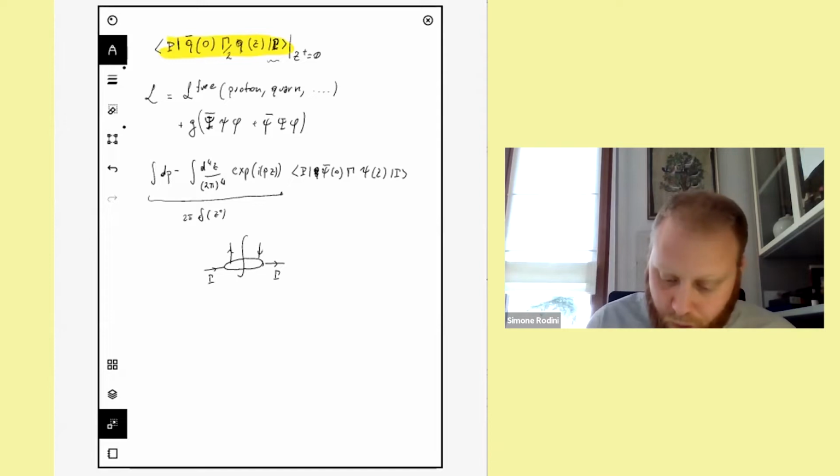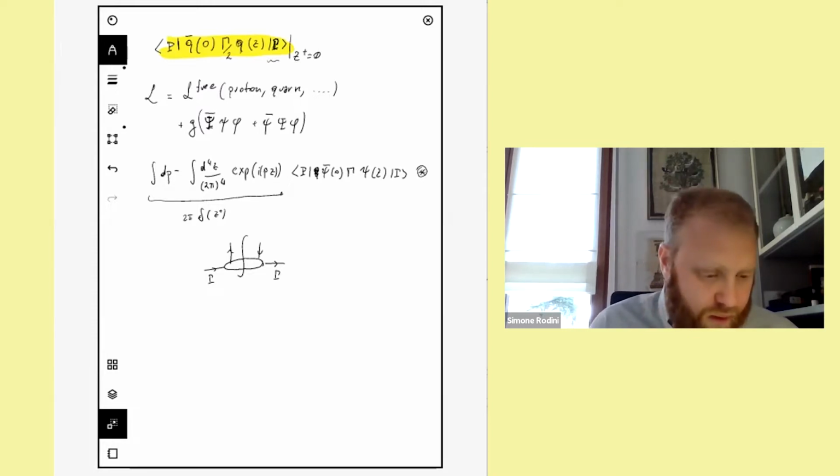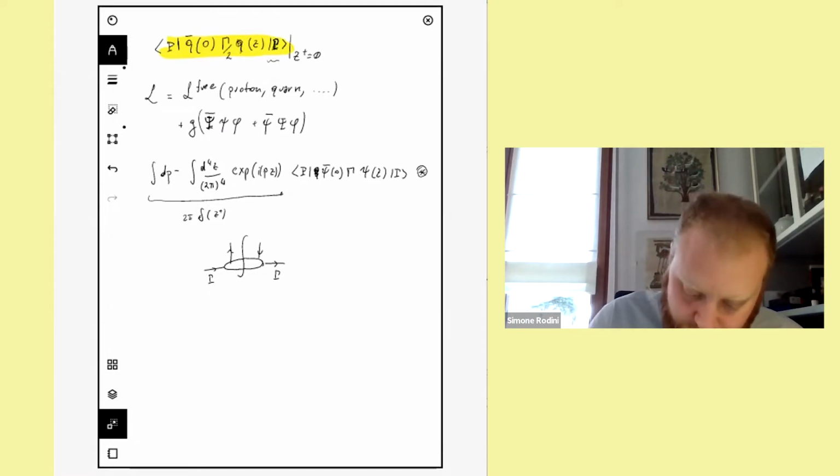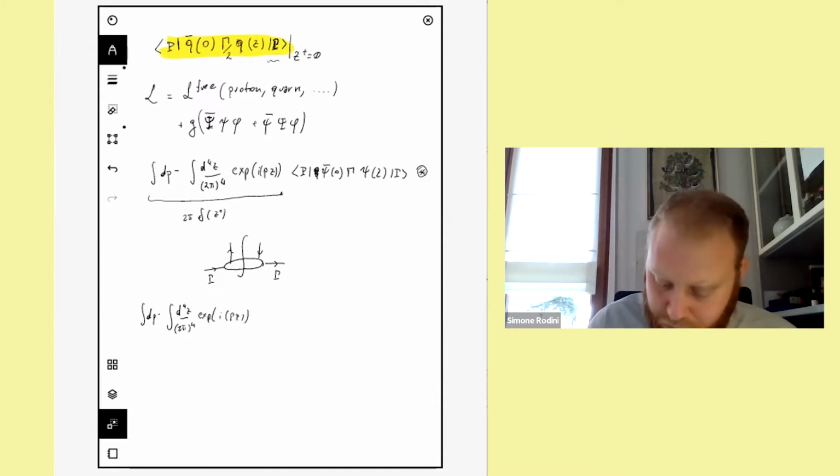So once you have this matrix element, you just promote it to functional integration. First of all, you write, and I will not write literally everything, otherwise we will stay here for a month. But you get the integral over p minus, the integral over d^4z over (2 pi)^4, the exponential.